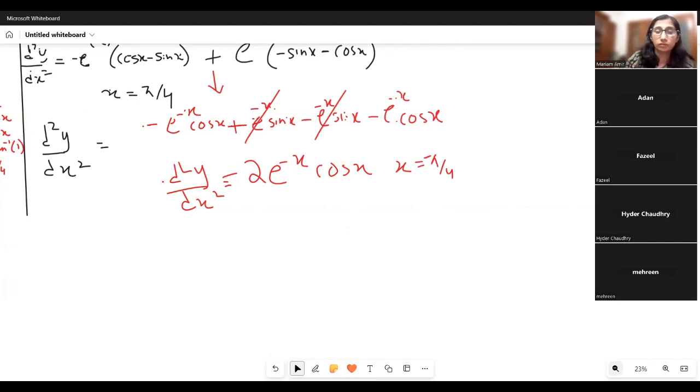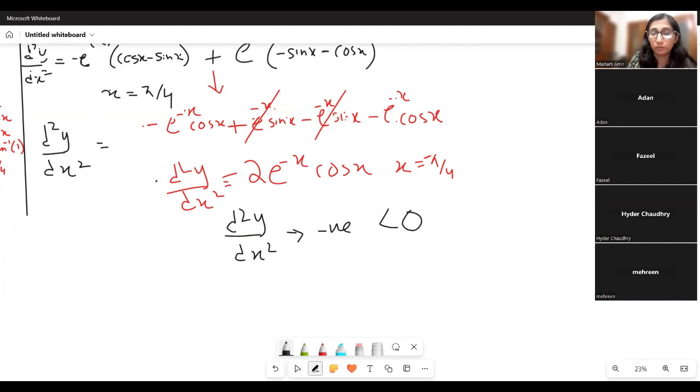A negative value should come. Just check the answer. It should be some negative value. So the second derivative is going to be some negative value which is less than 0. So it's a maximum point.